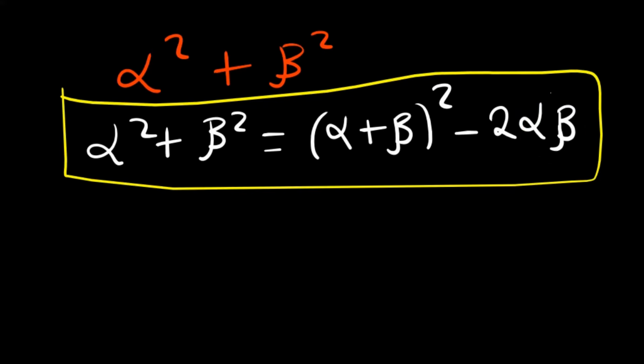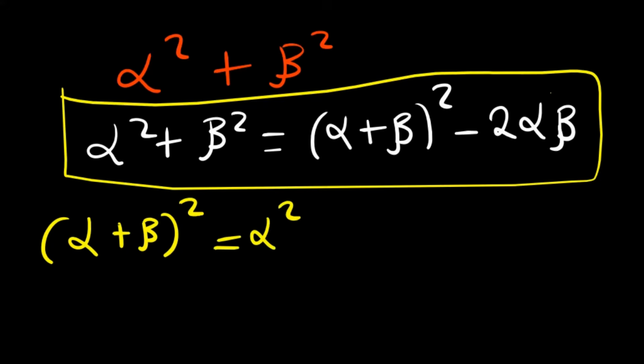So now, how did we come about this equation? It is not guesswork. So if I've got alpha plus beta, let's say this is squared, how am I going to solve this one? You know that alpha multiplied by alpha, I'm going to have alpha squared.